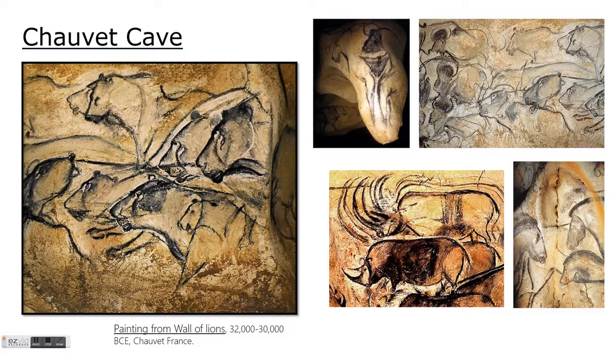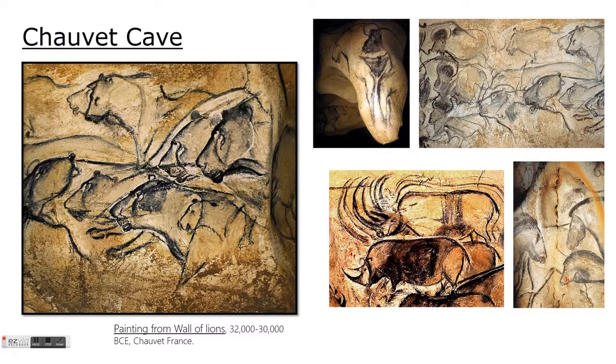Chauvet is the oldest artwork that we have, and that's from approximately 32,000 BCE. On this slide, we also have another image from a different site, Lascaux, and that's from 1500 BCE. There are three main cave sites of Europe. There are others, but there are three main ones that I want you to know.